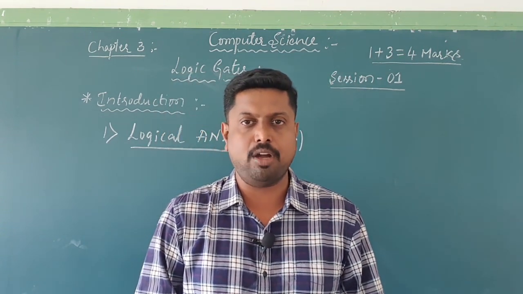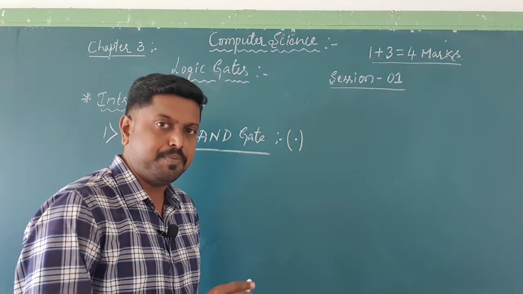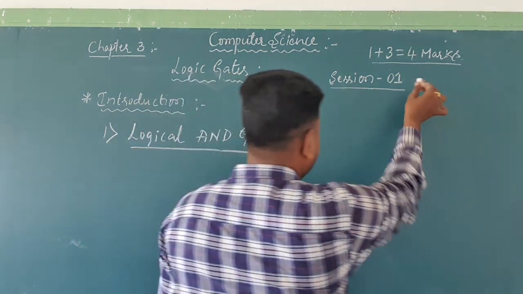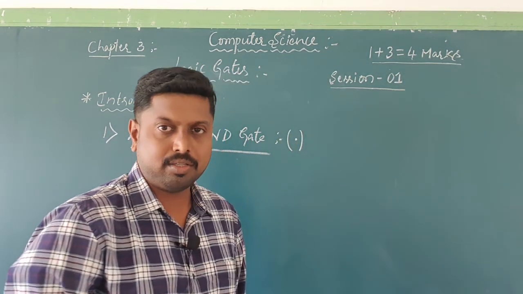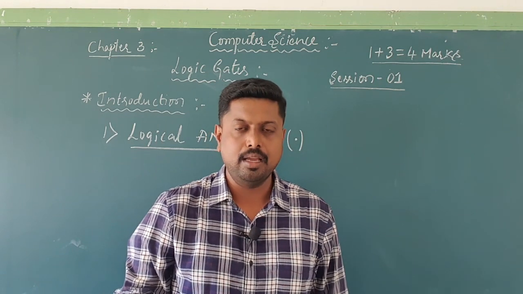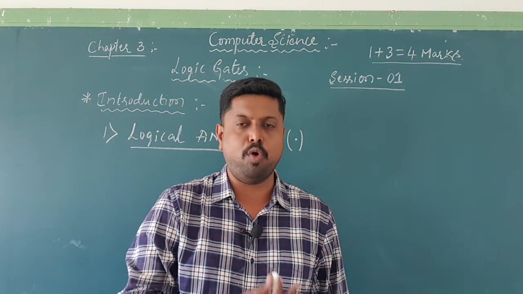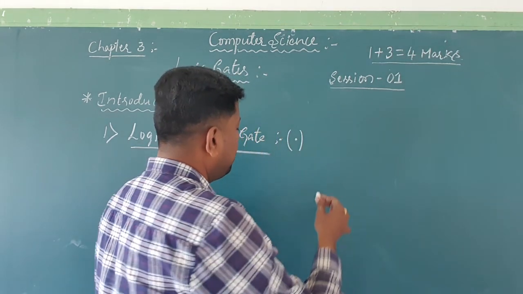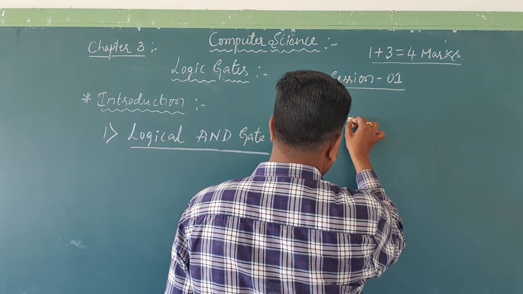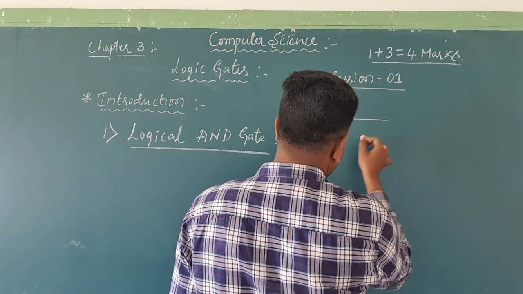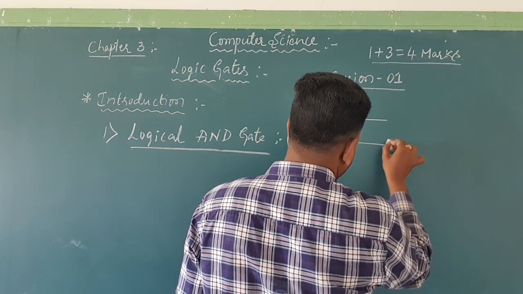Now I will write on the board, observe this gate clearly. For a 1 mark question, it is asked many times: write the symbolic notation of the AND gate. So we concentrate on this diagram. This is what we call a logical AND gate.